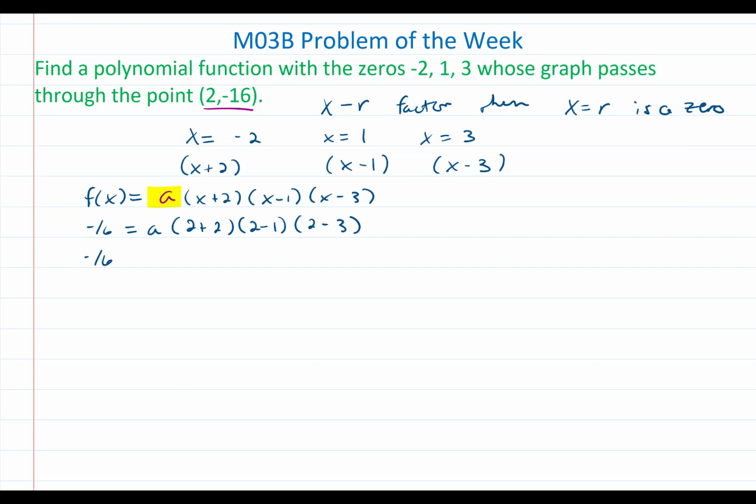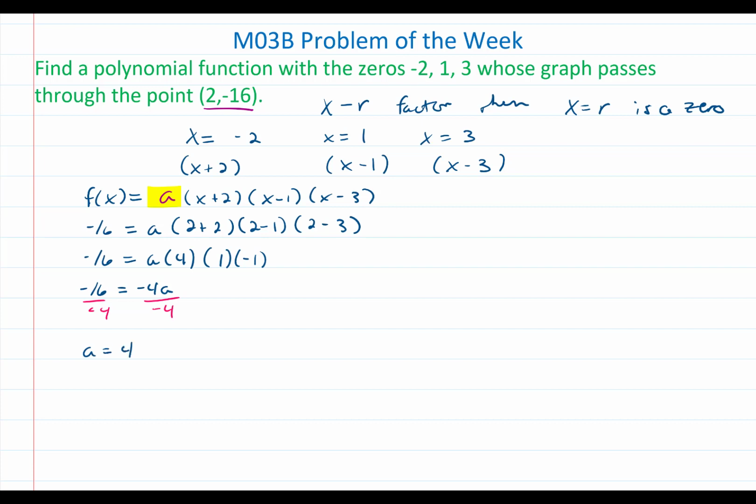So we'll have -16 is equal to a times 4 times 1 times -1. Find the product on the right side to simplify. So we have -16 is equal to -4 times a. And then we divide to get our final answer for a. And so a is equal to +4.